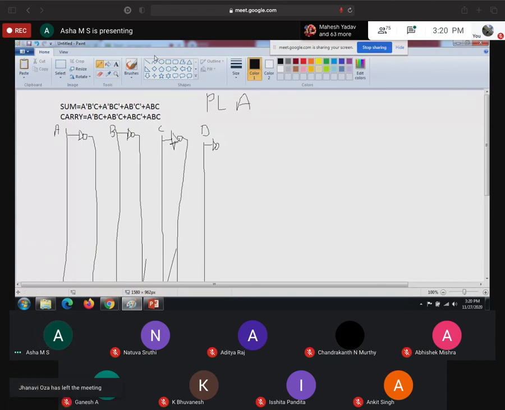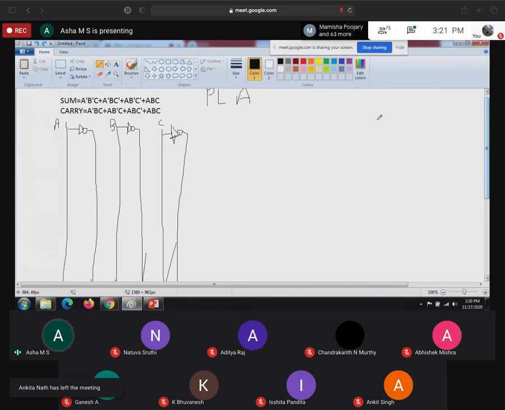Only three inputs. So how many products are there? 1, 2, 3, 4, 5, 6, 7. ABC is repeated, so totally we have 7 products, which means 7 AND gates are required.